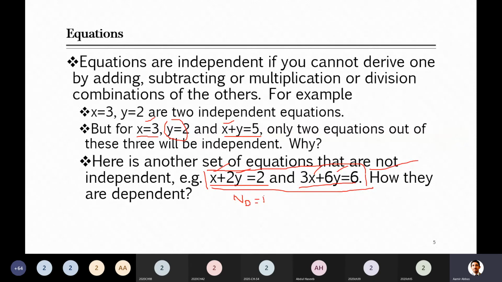Can you tell me? Zero. No, it is not 0. It is 1.